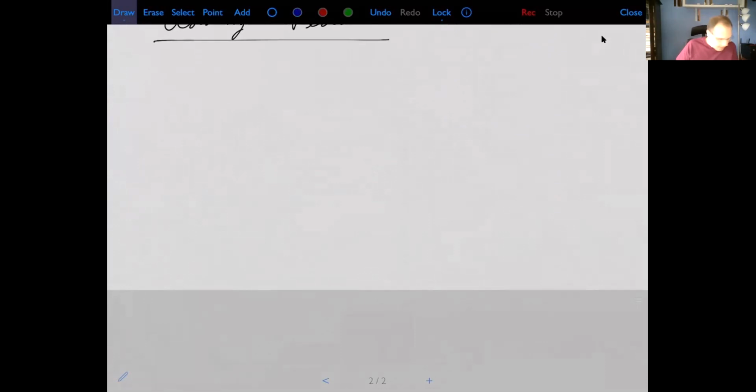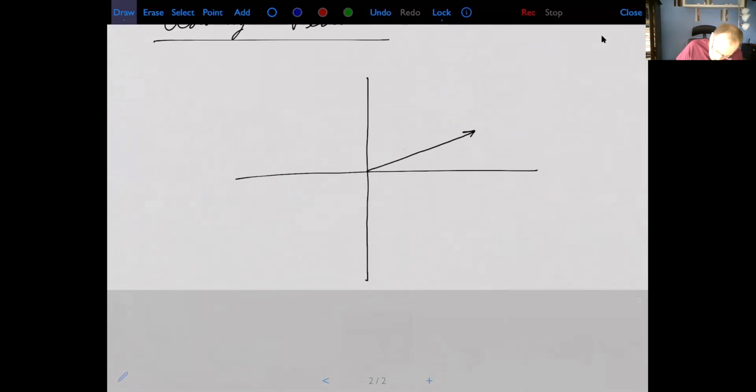All right, let's say I have a coordinate system, and I have vector A. This is my XY coordinate system. And let's say A is at 28 degrees with respect to the positive x-axis.